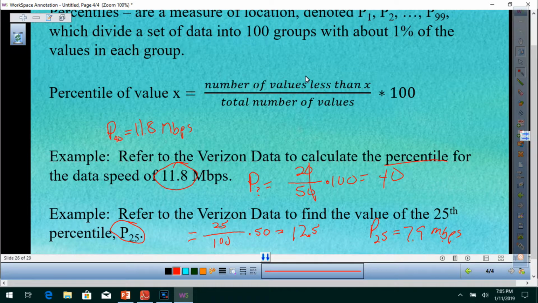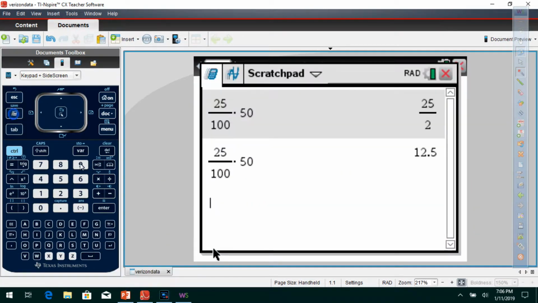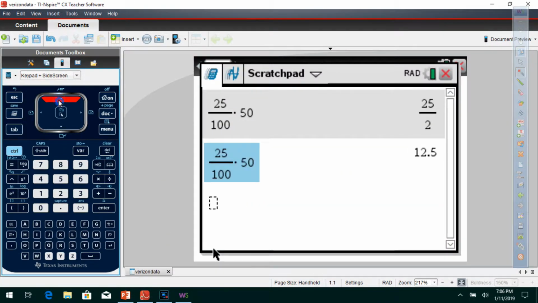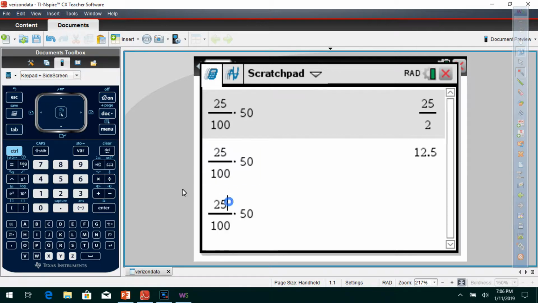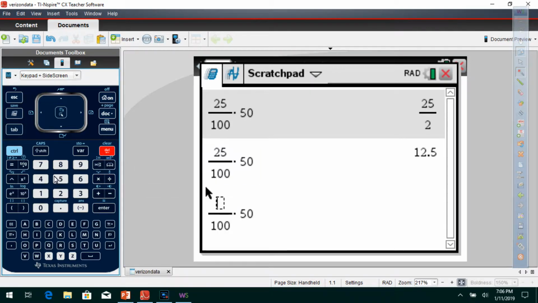Well, why don't we find the 40th percentile while we're at it? P sub 40 equals 40 over 100 times 50. So let's try that. I'm just going to go up there and grab that, take out 25, and put 40.